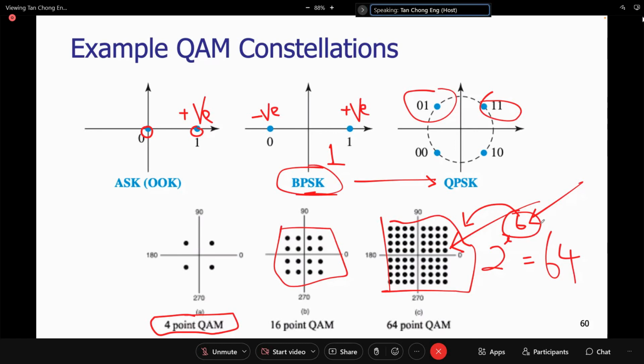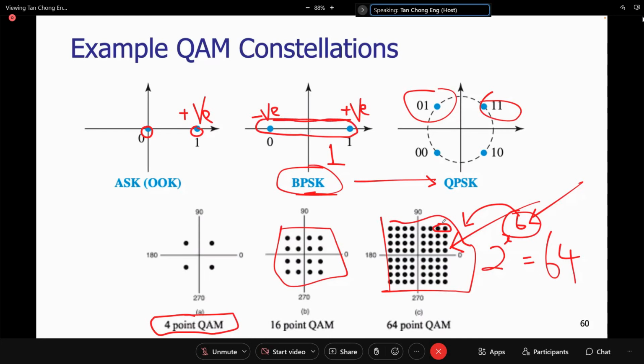No, they always come with a price. In this world, there is no free lunch, okay? If you want to have something good, there is always a consequence. The consequence is that all these dots are so near to each other. You look at this dot, they are so near to each other, compared to these two dots here in BPSK, which are quite far apart, right?